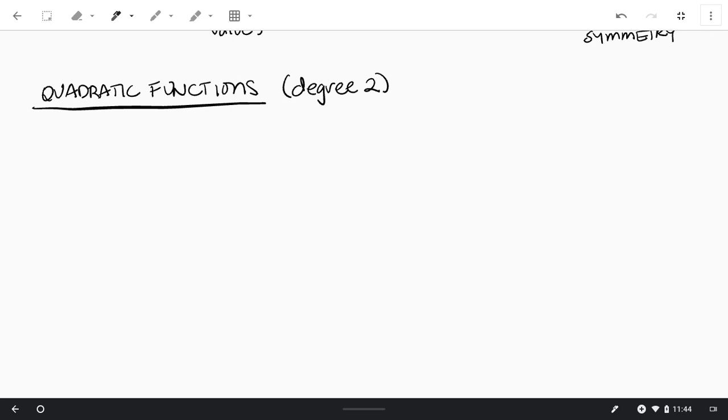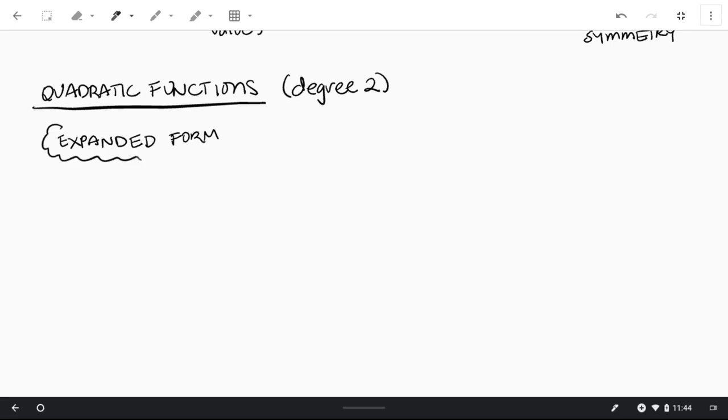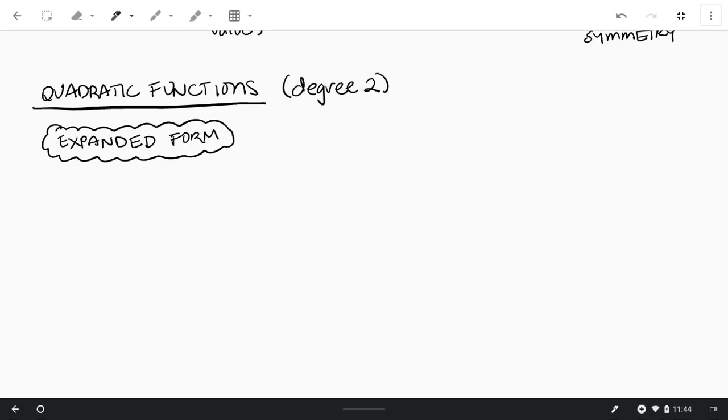You just need to be able to recognize which form you have and apply the methods for finding the vertex to each one. So let's call this expanded form. We'll look at that one, and we will also look at standard form.